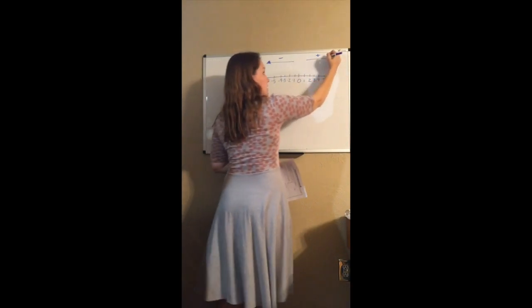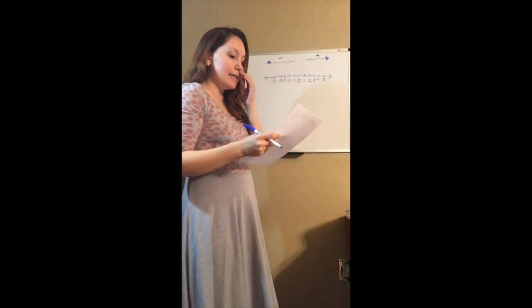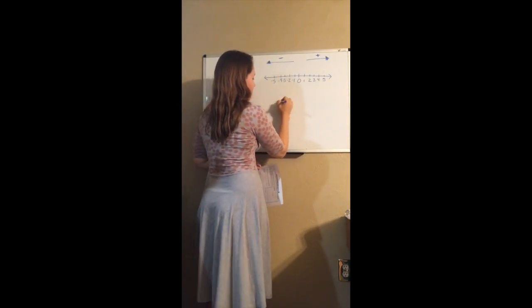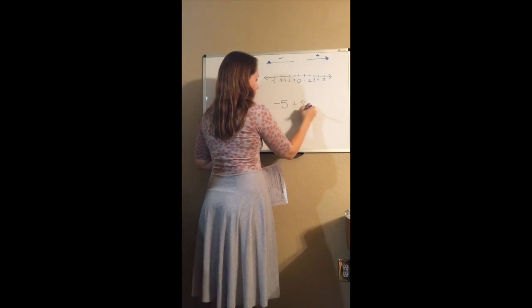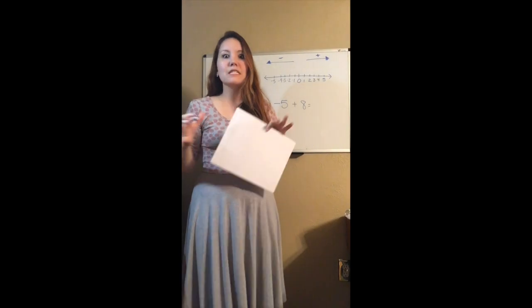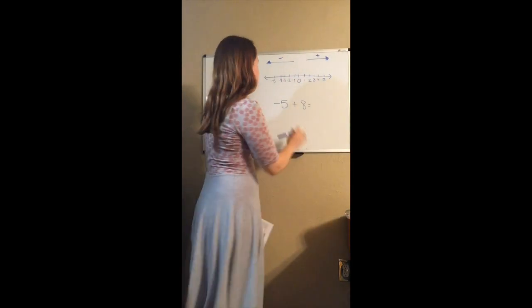If I were to add a positive number, I'm moving to the right. So let's look at this example that we have up here. -5 plus 8. So for this first one, we're going to look at visualizing it, understanding what this looks like, what this means.